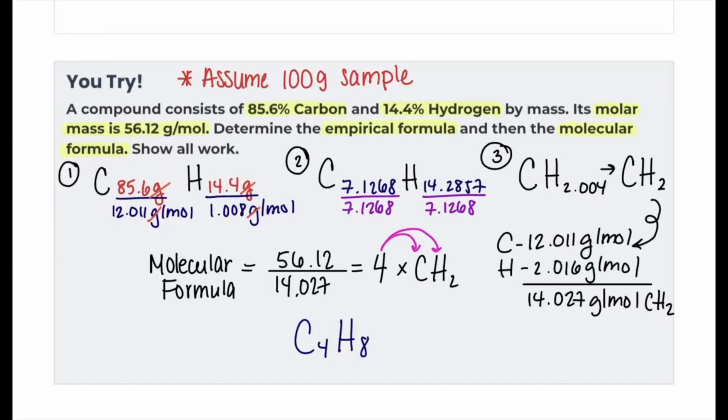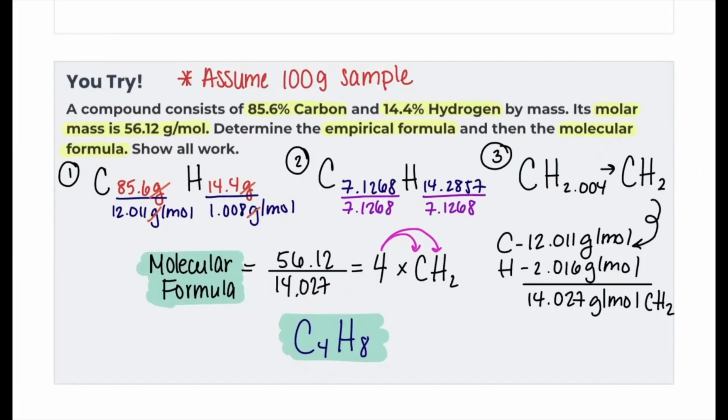And just a little tip before I conclude this lesson: let's say your teacher gives you the empirical formula, so CH2, and the molecular formula, C4H8. And say they ask you to find the multiplier. All you've got to do is ask yourself, what number do I multiply the empirical formula by to get the molecular formula?